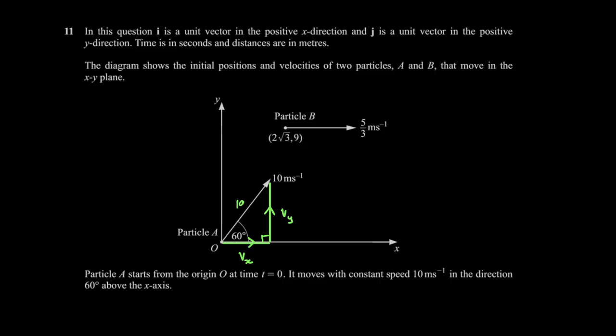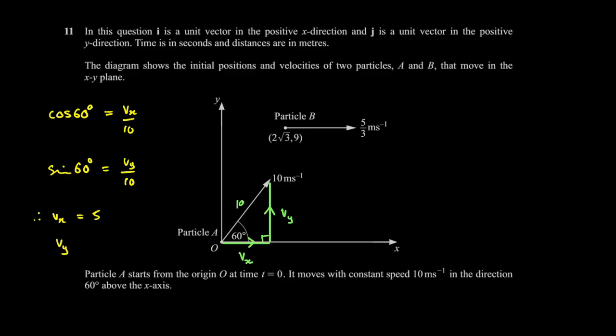Essentially, we can say that cosine of 60 degrees is going to be equal to the adjacent, which is Vx over the hypotenuse, which is 10. And we can say that sine of 60 degrees is going to equal the opposite, which is Vy over the hypotenuse, which is 10. Therefore, what does that mean? It therefore means that Vx is going to equal 10 times by cos 60. Well, cos 60 is a half, so 10 times by half is 5.